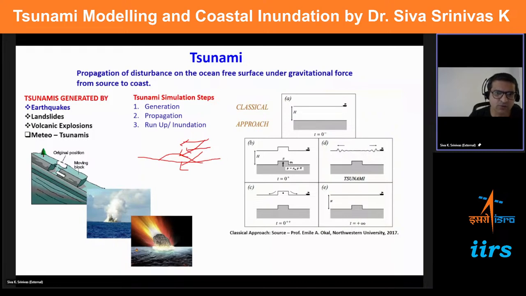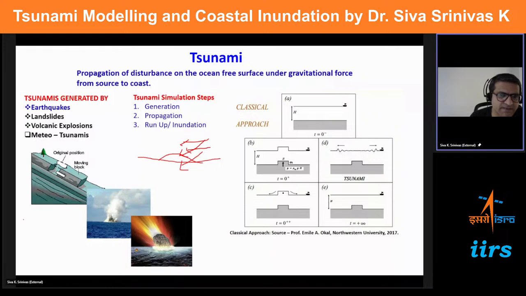They propagate towards the coast and might lead to inundation. These meteor tsunamis are complex. They are under research now. The extent of land inundation in the case of meteor tsunamis is much less compared to earthquake, landslide or volcanic eruption tsunamis. The devastation is less.